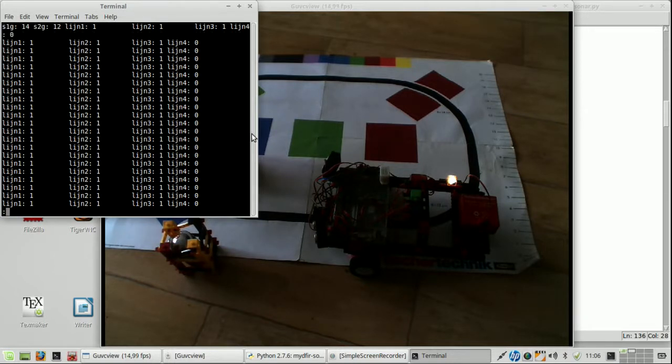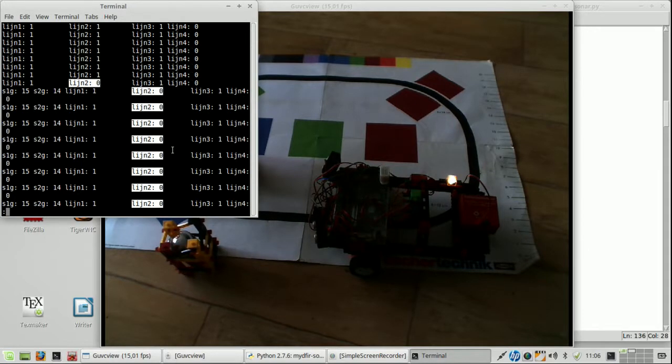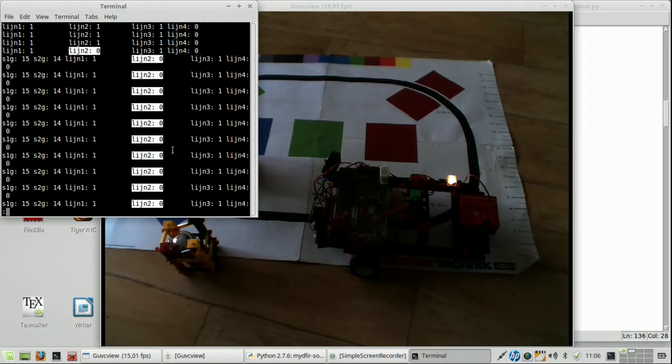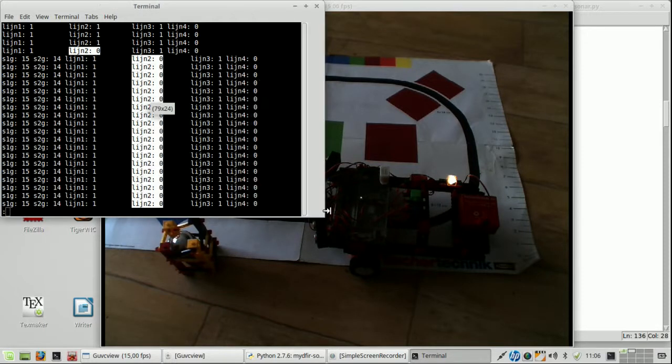Although it drives, but it is 1, 1, 1, it should be 1, 0, 1. That is not really good. Let me look at this. See? And that is some kind of auto correction then finally.